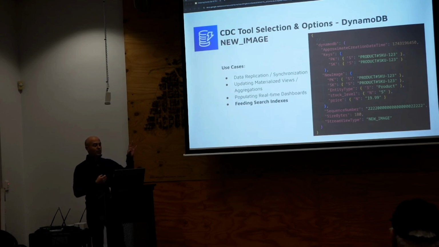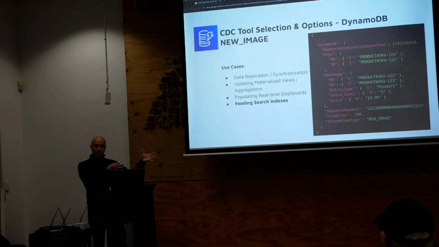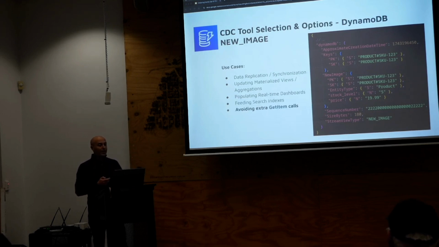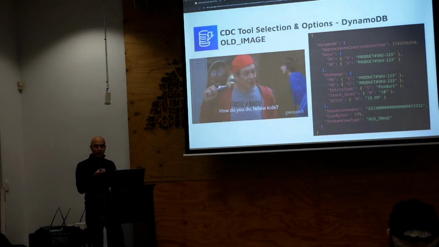If you need to ensure the search service has current indexable content of items on hand, again, this is very useful. Finally, if you have an aversion to making get item calls, you want to avoid hitting your database to request details. Maybe your consumers almost always need the full state of the item anytime there's a change. This is your go-to.